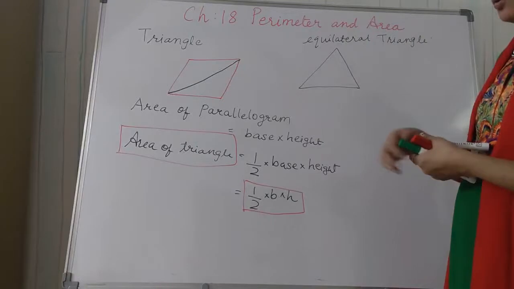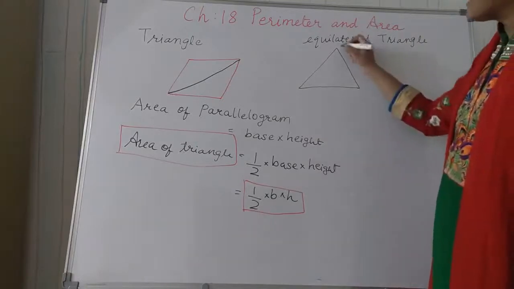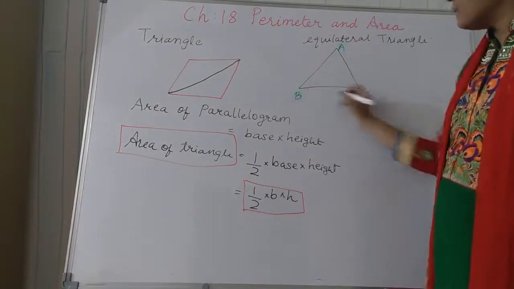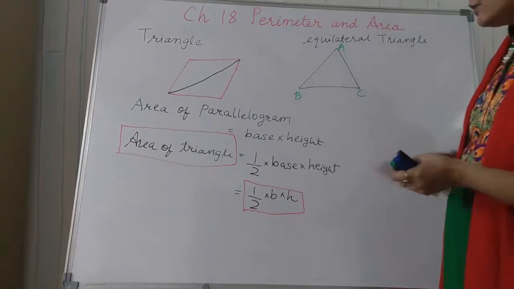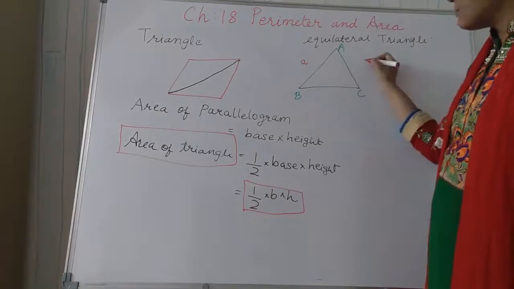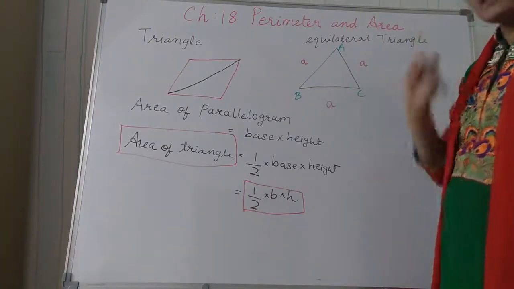So here you can see I have drawn triangle ABC, and it is already told that all of its sides are equal in measure. So let each side be a.